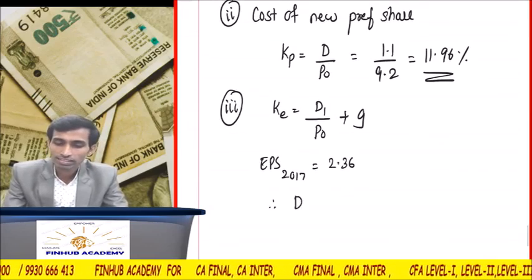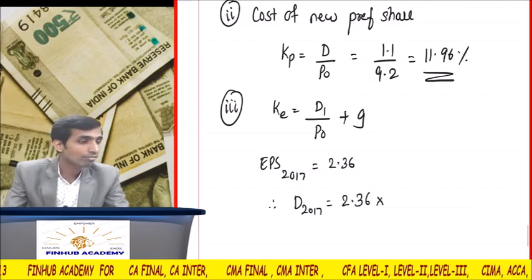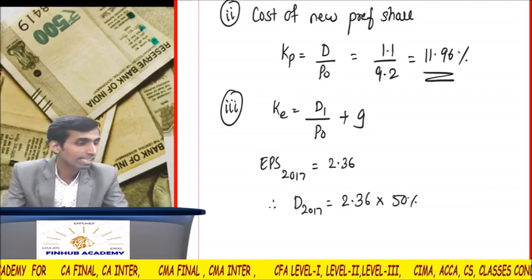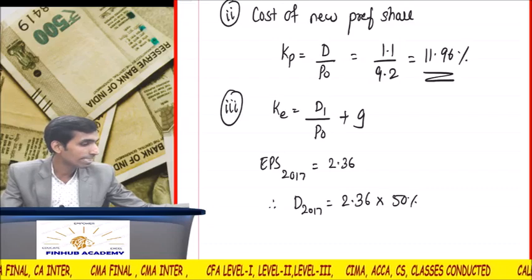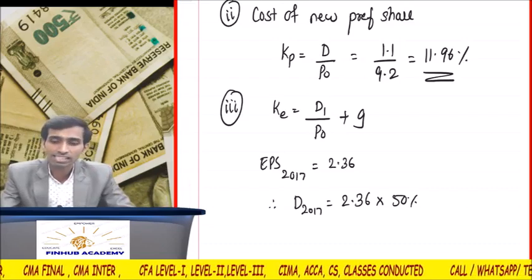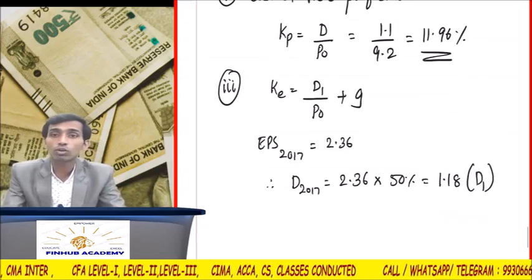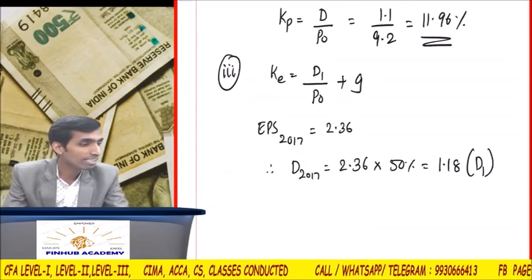They are saying 50%, so 50% will be the dividend, correct? Right, the company's next year dividend is 50% of 2017's EPS. Next year means D1 it is. Remember, so 1.1 is D1. Don't add the growth, please remember. So price is how much of the new equity share?